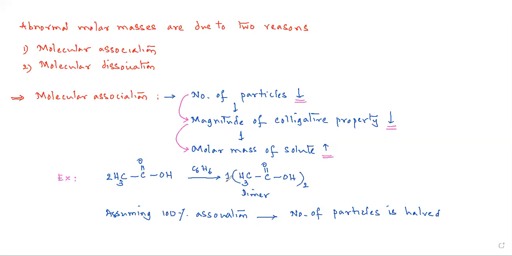Two molecules are combining to form one dimer. So number of particles is halved. As a result, magnitude of colligative property is also halved. Therefore, molar mass is doubled.